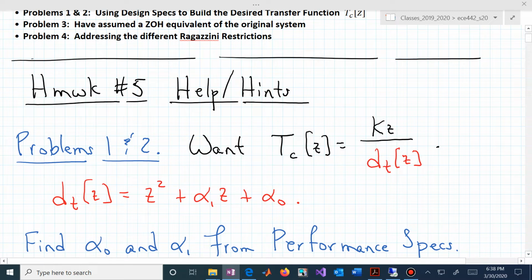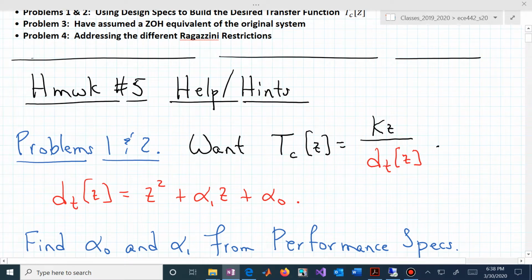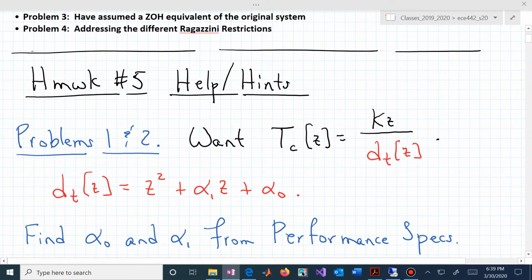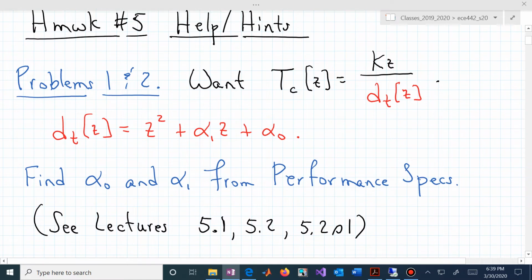That's the z, and then we could have a yet to be determined gain constant k, and the denominator is now some second order polynomial, z squared plus alpha 1 z plus alpha sub 0. We are now wanting to find alpha 1 and alpha 0 based on the performance specifications.